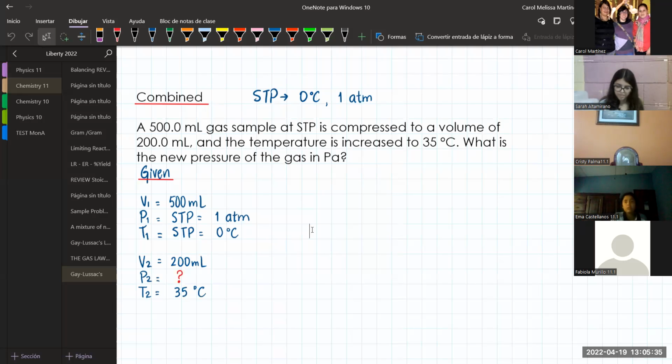So, first things first. If my temperature is in Celsius degrees, I need to convert to Kelvin. Okay? So, easily, we convert to Kelvin. Plus 273. So, my initial temperature is 273 Kelvin. And my final temperature is 308.